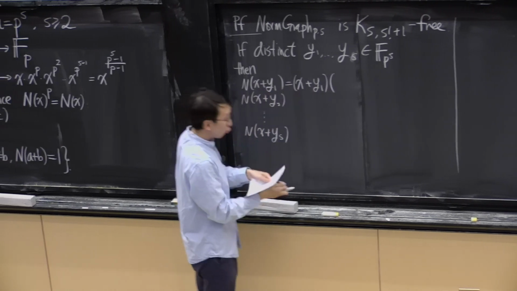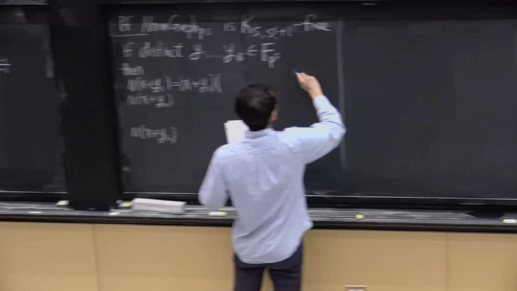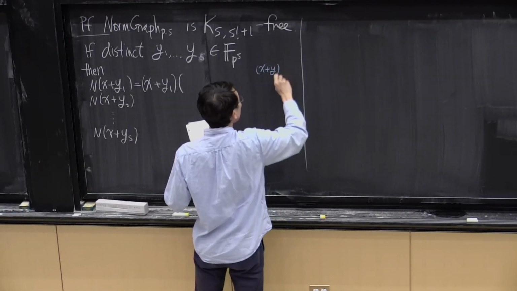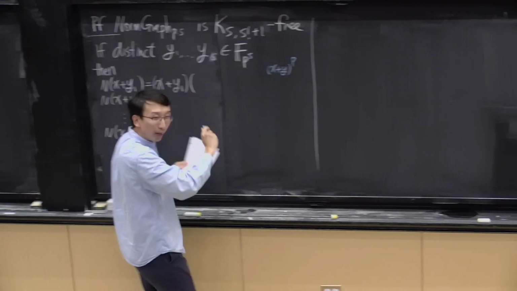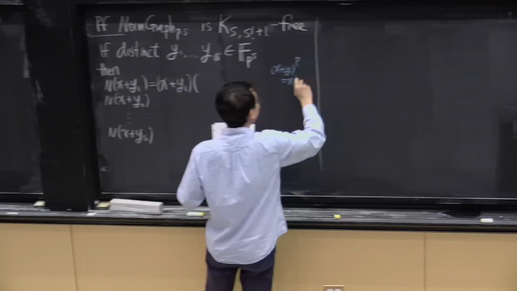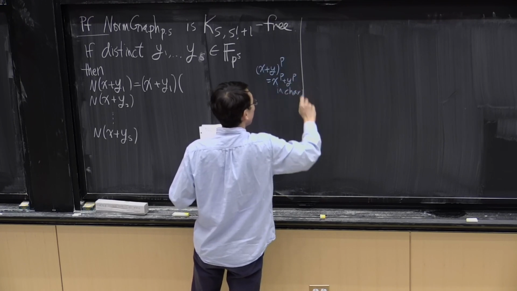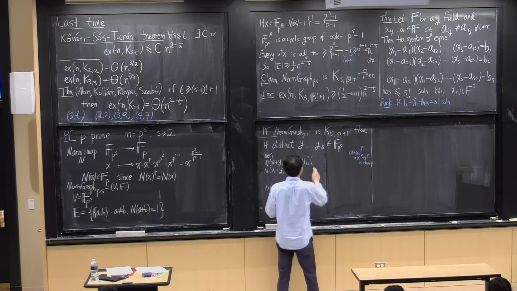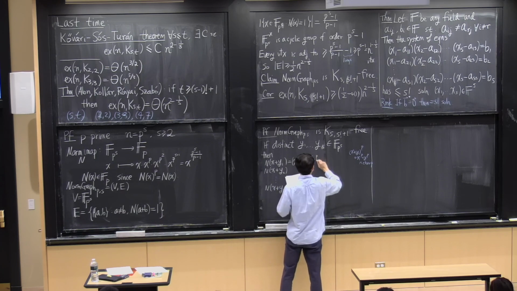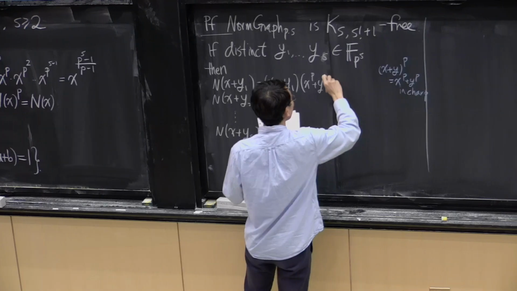And now remember this fact that in characteristic p, (x plus y) raised to the power p is the same as x to the p plus y to the p. So I can expand the remaining parentheses like that.